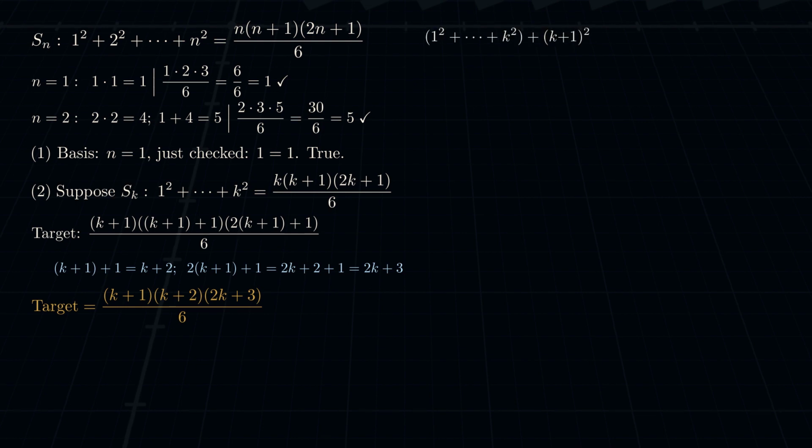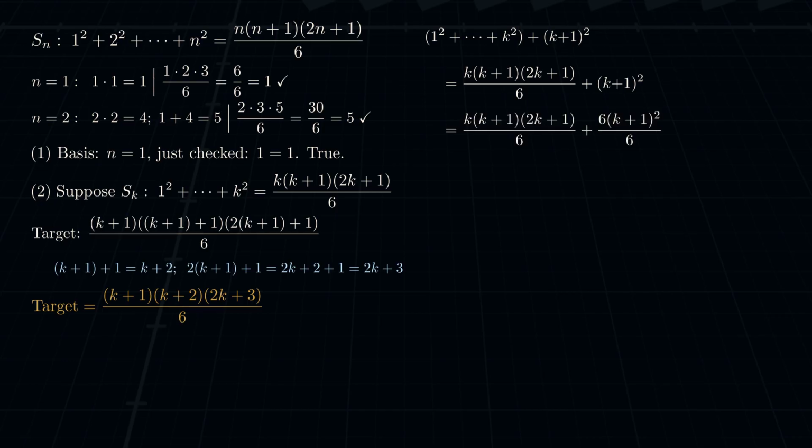Left side of S(k+1). The sum up to k squared plus (k plus 1) squared. Bracket the first k terms. By the hypothesis, that bracket is k times (k plus 1) times (2k plus 1) over 6. So we have that fraction plus (k plus 1) squared.